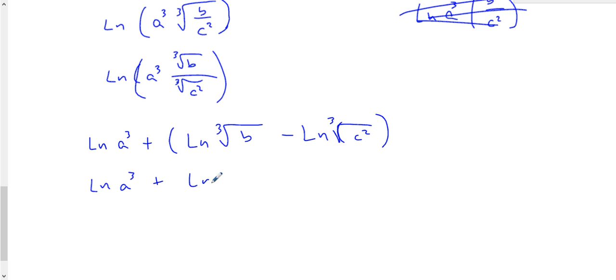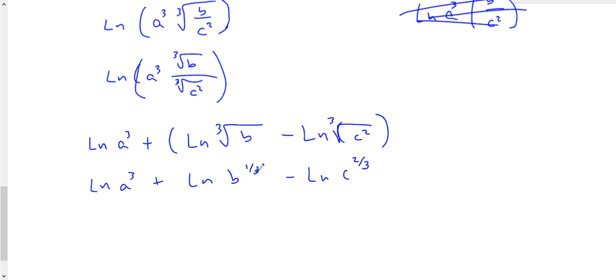So natural log of b to the 1/3 minus natural log of c squared to the 1/3. Well, that's going to just be 2/3, because we already have an exponent here.